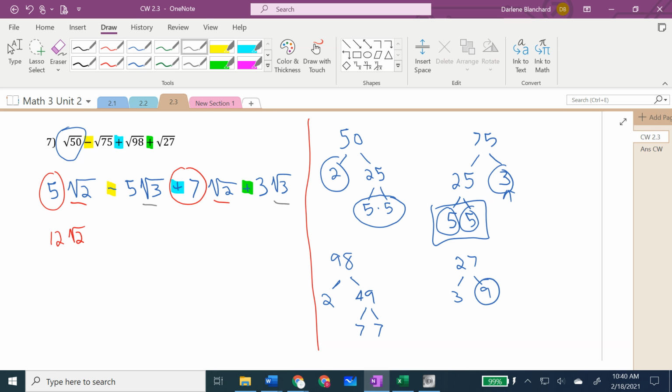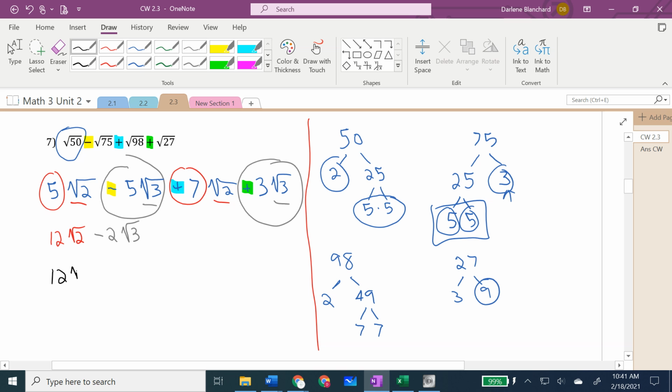For the root 3's, I have negative 5 root 3's plus 3 root 3's. Negative 5 plus 3 is negative 2, so I have negative 2 root 3's. And that is then the final answer. I'll write it in one color.